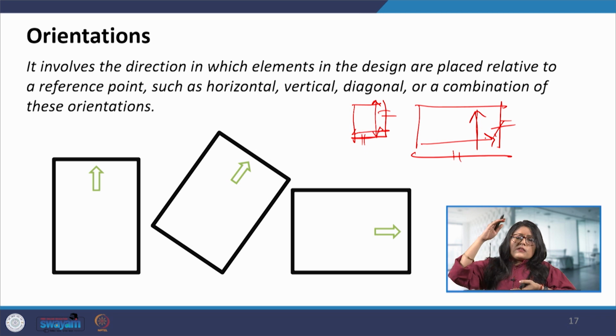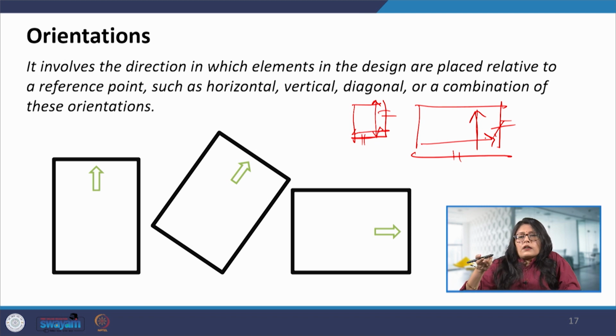If it is placed in the portrait or vertical format, then the eye will move top to bottom. And if you notice the interfaces around us, they will usually be rectangular. You will rarely see a square interface. There may be, but generally, you can reflect back and see what a phone looks like, what the computer screen or tablet looks like.